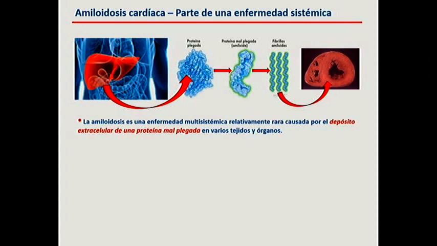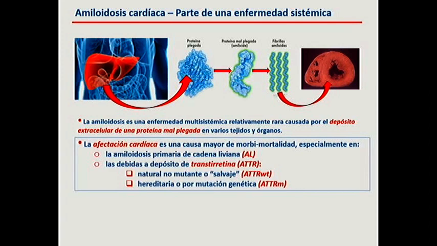We don't know the reason for this, but for example, in myocardium, there are some types of proteins that have a special affinity, as we can see for the brain. There are other proteins with special affinity, and this leads to this disease.